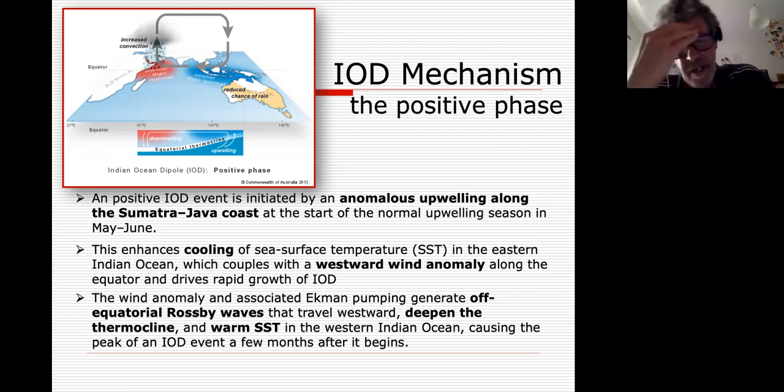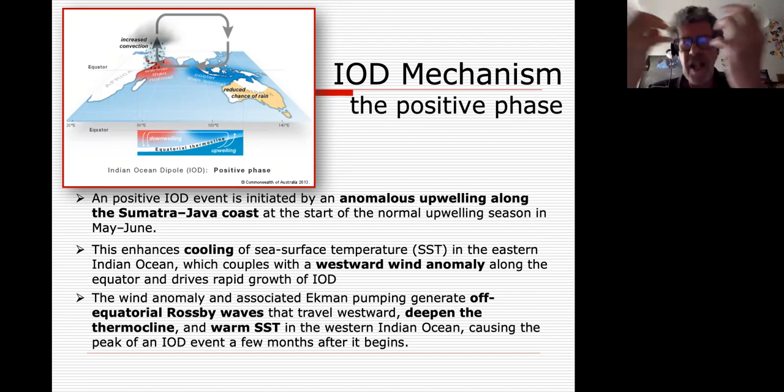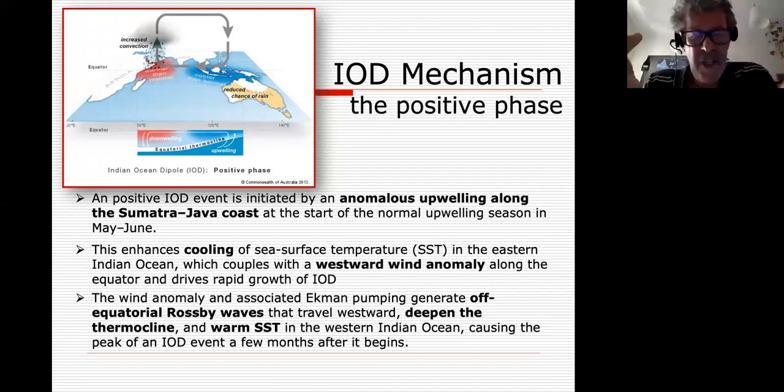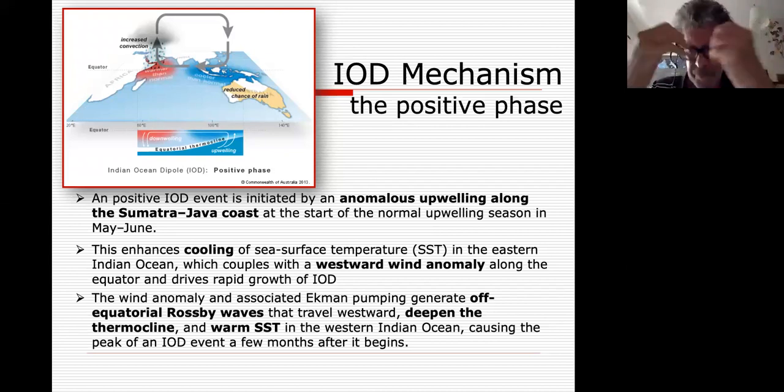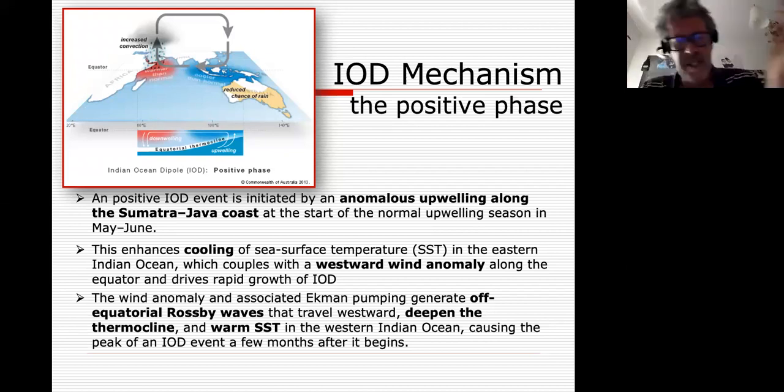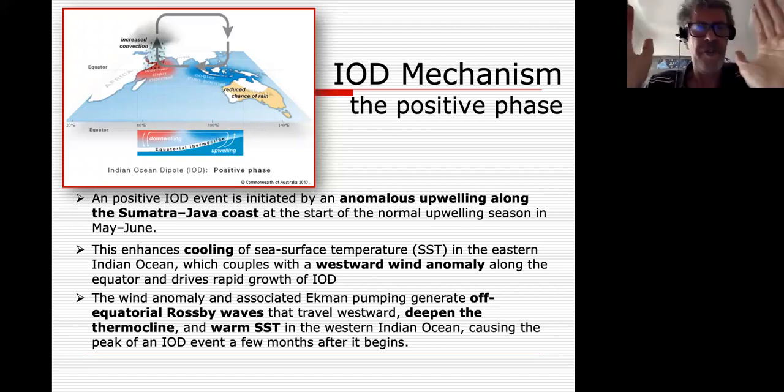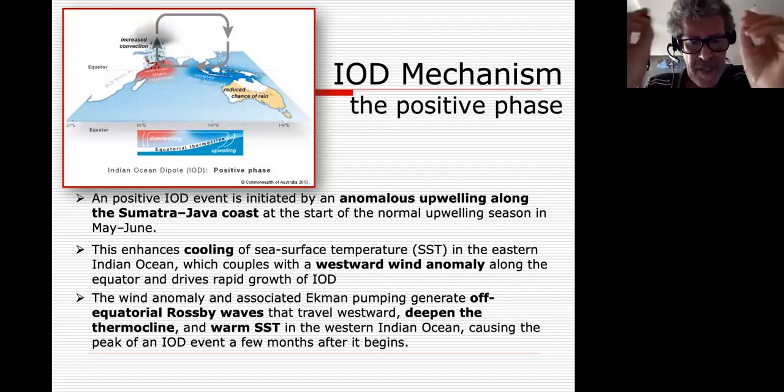And the interaction between atmosphere and ocean is mediated by the Walker cell circulation, having a source of energy in the cold water and warm water pool at the eastern and western side of the ocean.